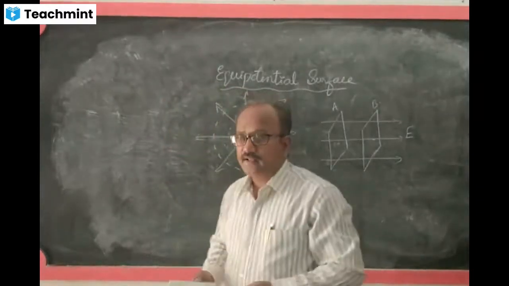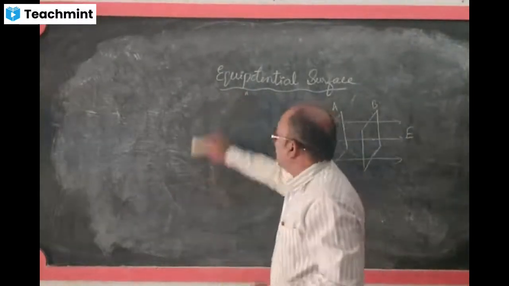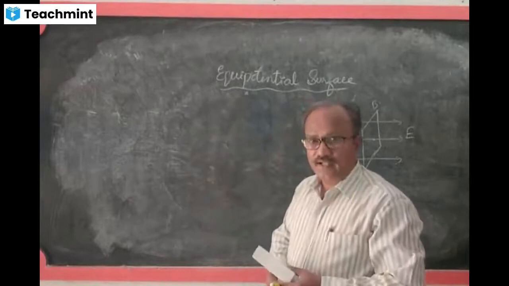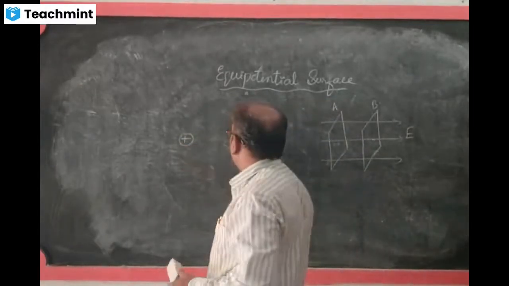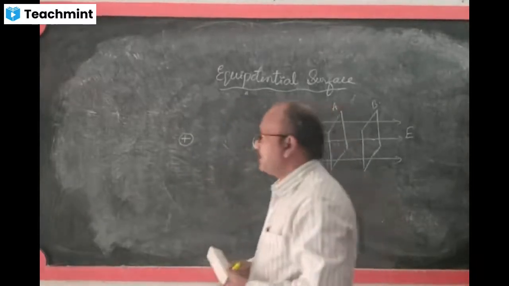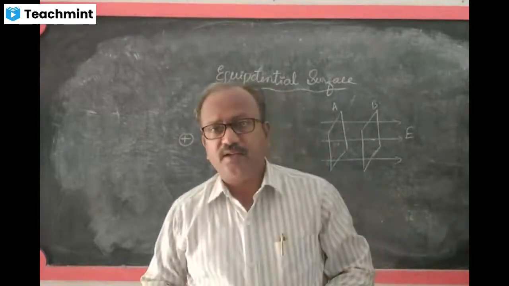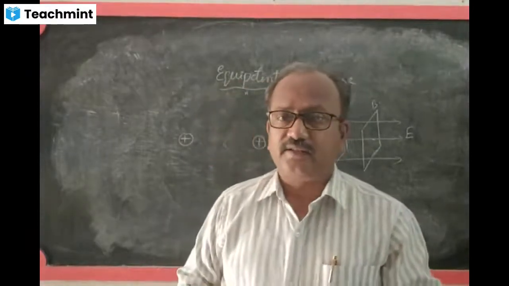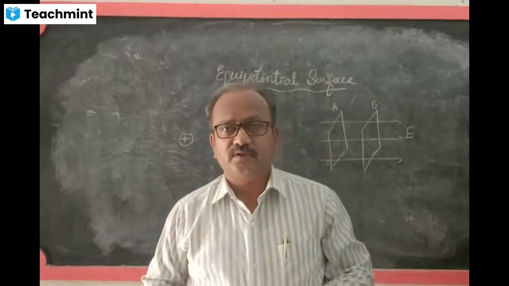Similarly, for like charges or unlike charges, suppose you take two positive charges. So already you know the basic properties of charges. If the charges are like charges, then a repulsive force is developed.